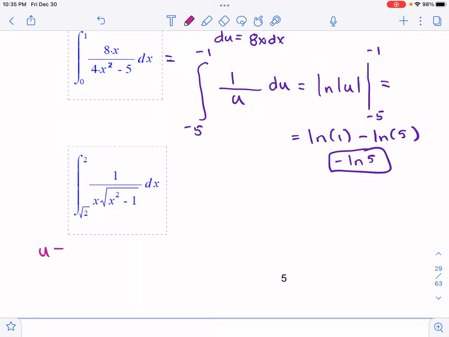So if I let u be x squared minus 1, then du is equal to 2x dx. Now, it seems as though my x is kind of in the wrong place. This might be a little trickier.